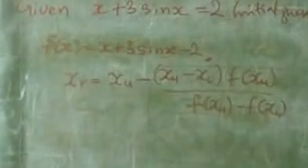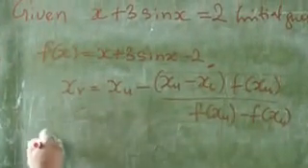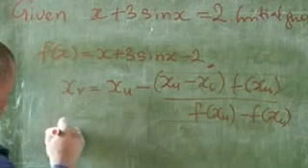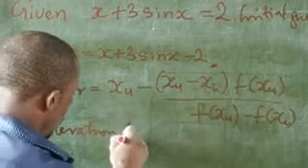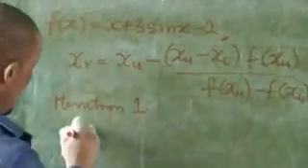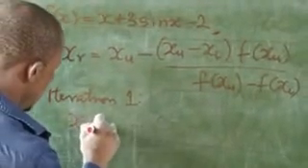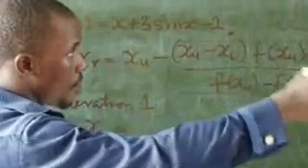Now right here, how do we calculate XR? Call that iteration 1. Iteration 1, that's the first iteration. XR will be equal to XU, that's the upper bound, the upper value.